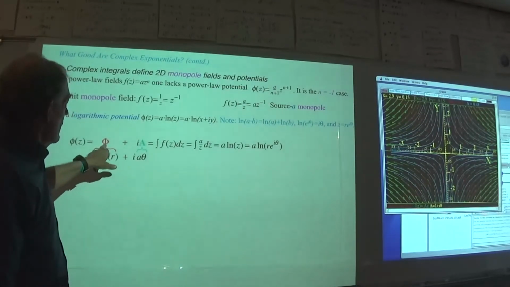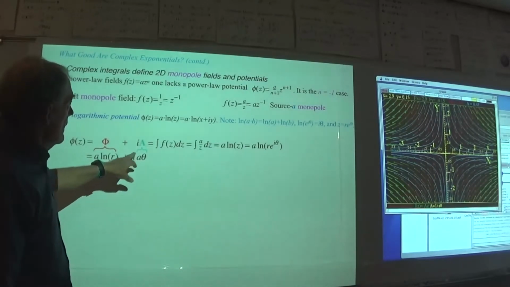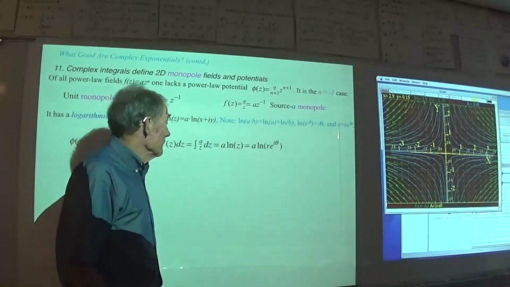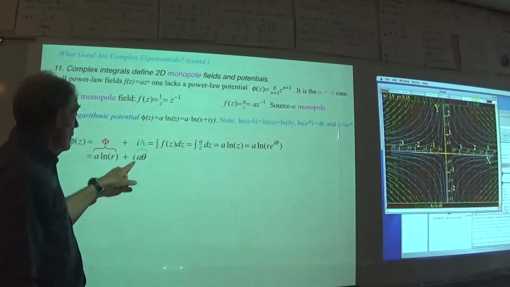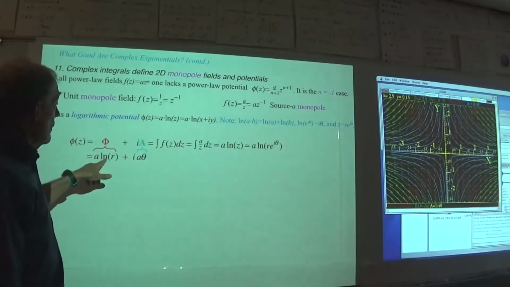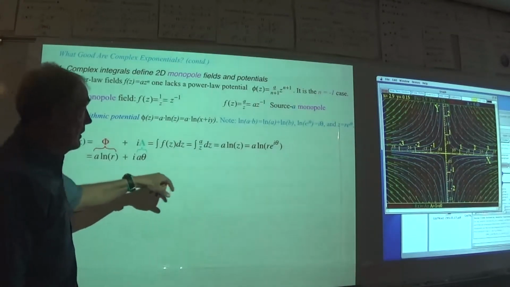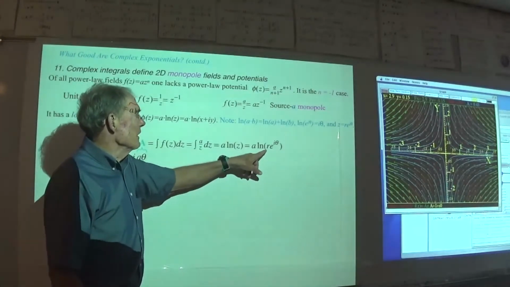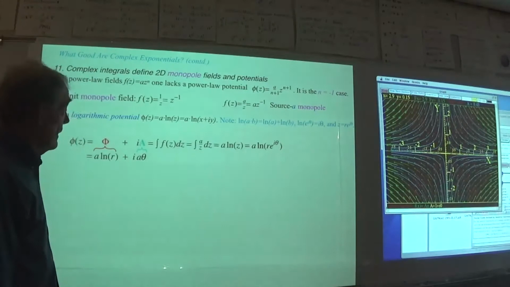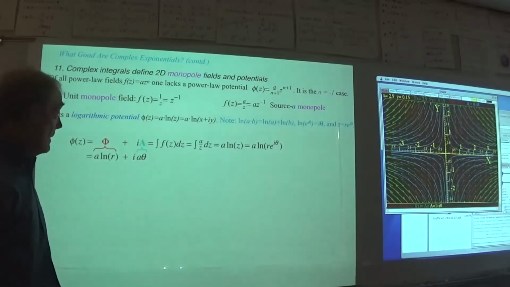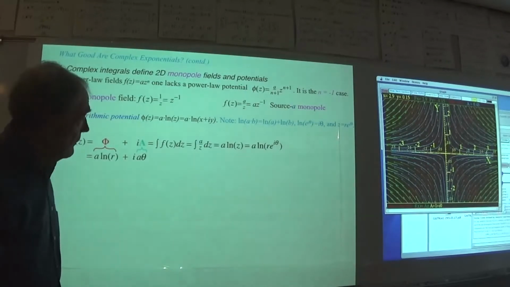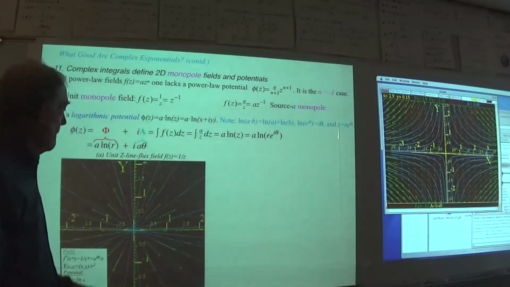That's going to be our scalar potential, the real part, and then the vector potential, well, take the logarithm of this thing. That product has the log of r first, and then, keeping this real for now, but we don't have to do that, log of e to the i phi. That's just i phi. So that's kind of weird, and that's what we need to take a look at.